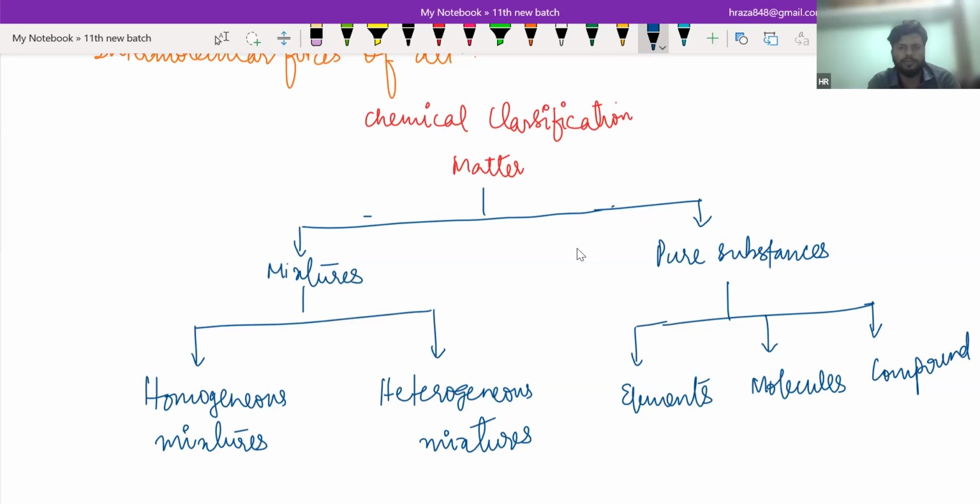This is the chemical classification of matter. Please write it, and then we are going to define from mixture to compound.